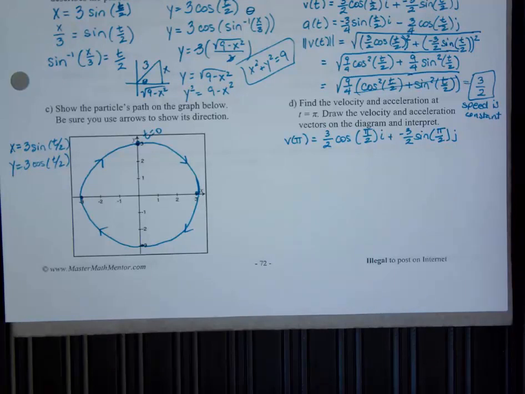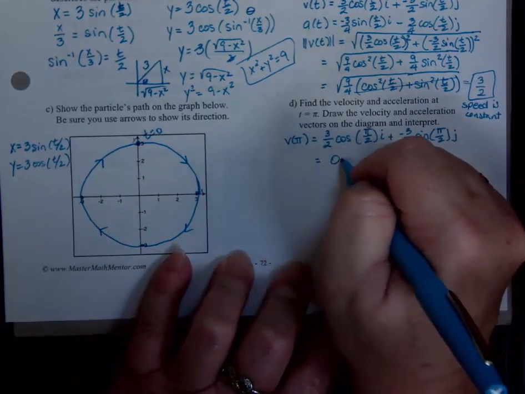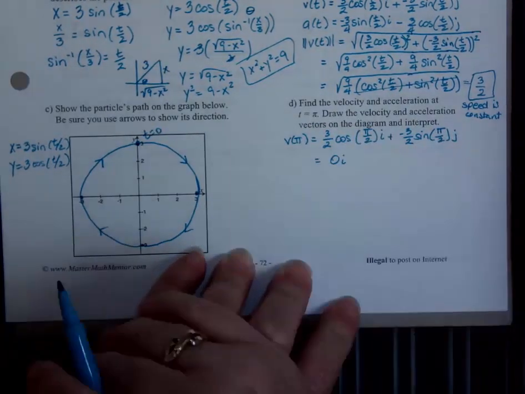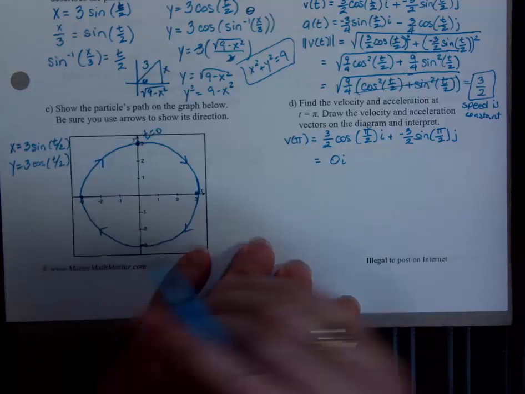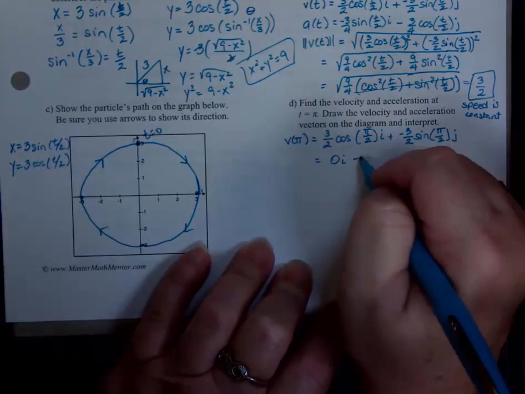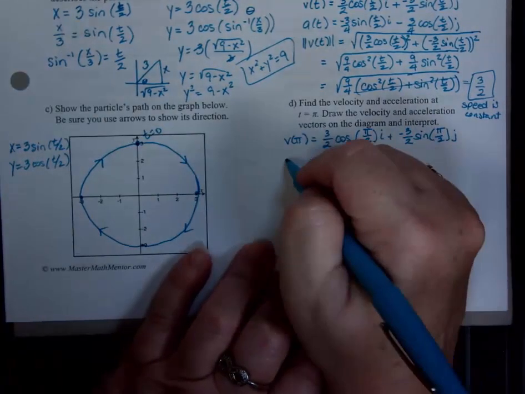What is the cosine of pi over 2? 0. So the first term is going to be 0i. Agreed? What about the second term? Sine of pi over 2 is 1. So negative 3 halves times 1 is negative 3 halves j. So that is what v of pi is.